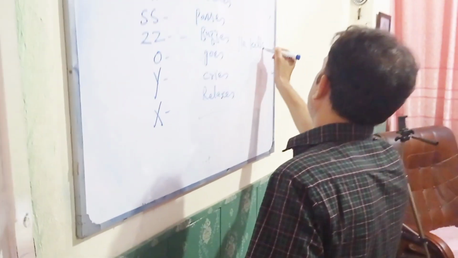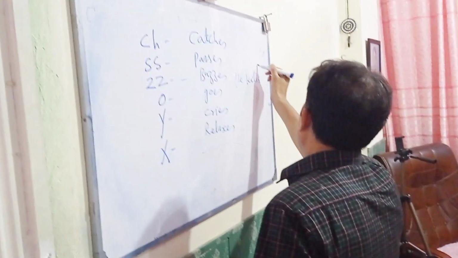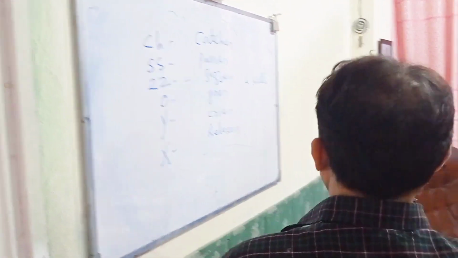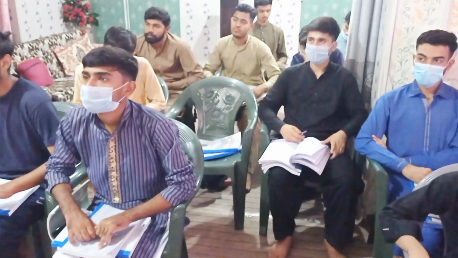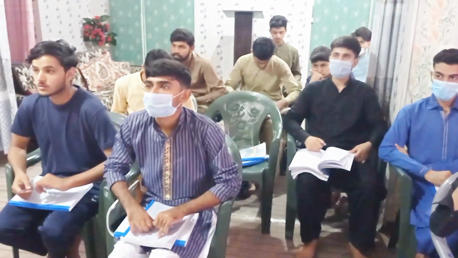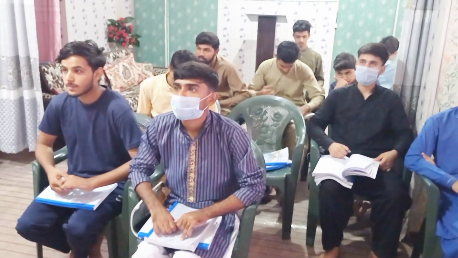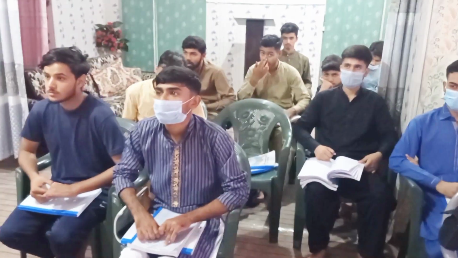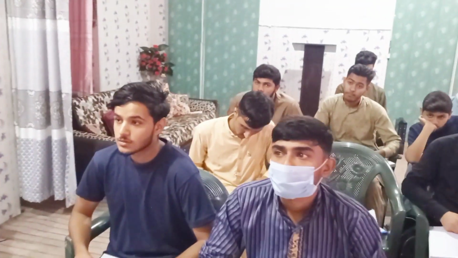Only you are supposed to use S or ES. देखिए एंड पे L आ रहा है, क्या इसके अंदर L है? जो लेटर इनमें नहीं होगा उसमें सिंगल S इस्तेमाल करेंगे, और जब ये लेटर्स होंगे एंड पे उनके साथ हम क्या इस्तेमाल करेंगे? ES. अंडरस्टैंड? He catches, he passes, it buzzes, he goes, he cries, he relaxes.